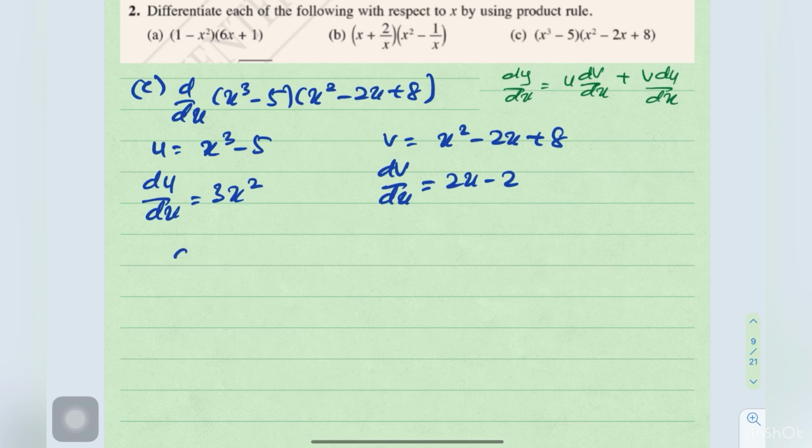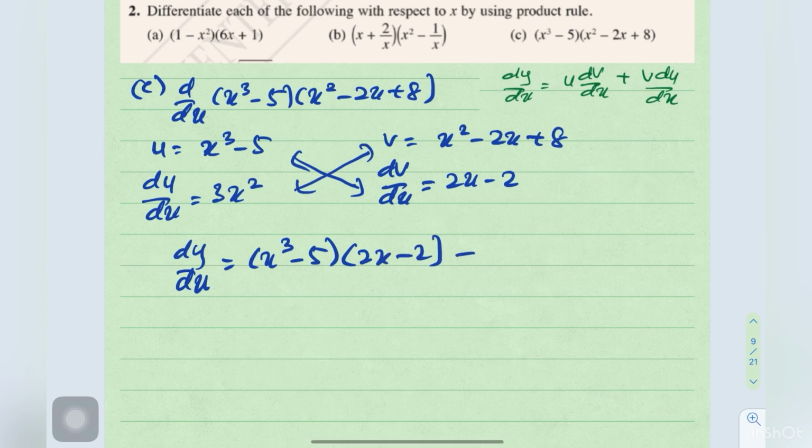Okay, so dy/dx, using the formula, is u dv/dx: (x cubed minus 5)(2x minus 2), plus v du/dx: 3x squared times (x squared minus 2x plus 8).